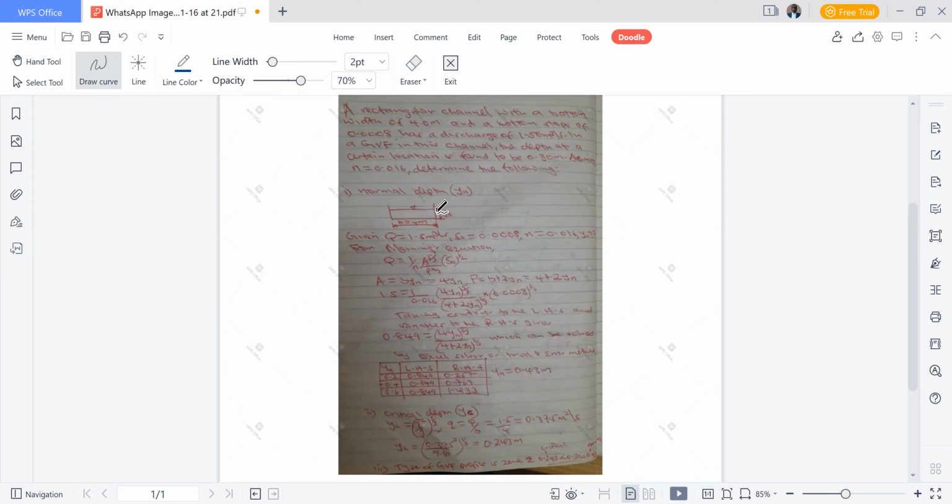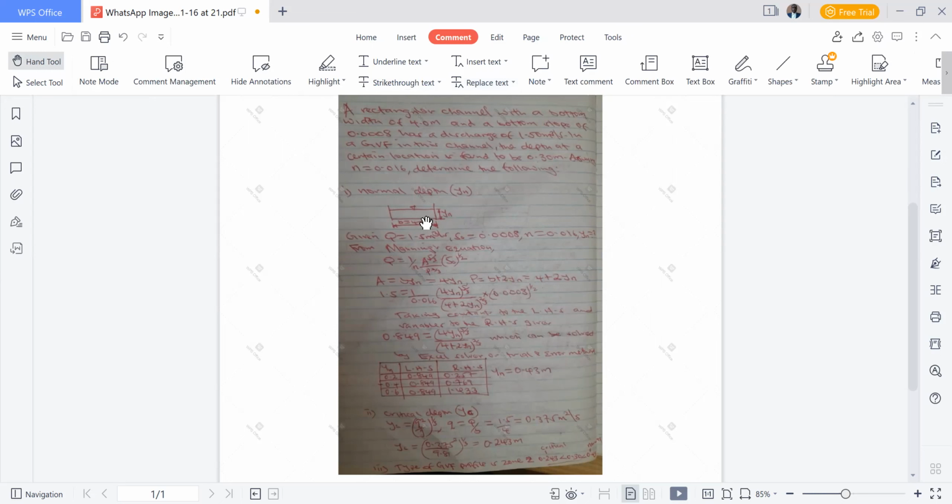So if our water level is here, it means the wetted perimeter is the sum of this and the sum of that. So basically our wetted perimeter is B plus Yn plus Yn, so we just say B plus 2Yn, which will be 4 plus 2Yn.